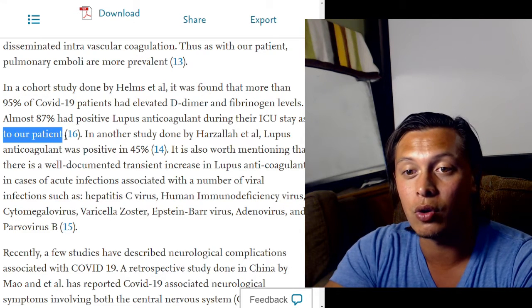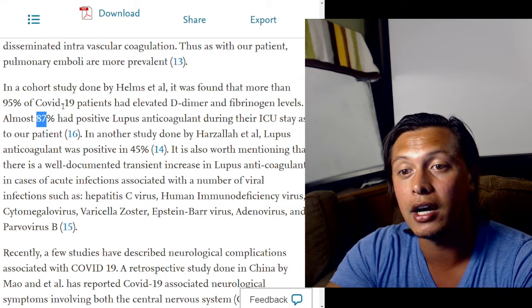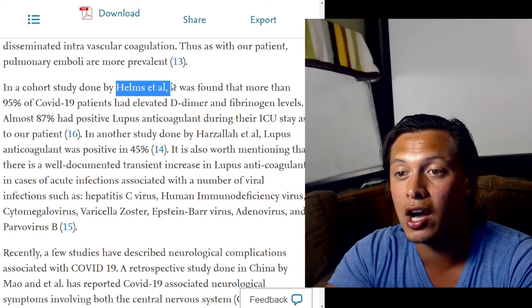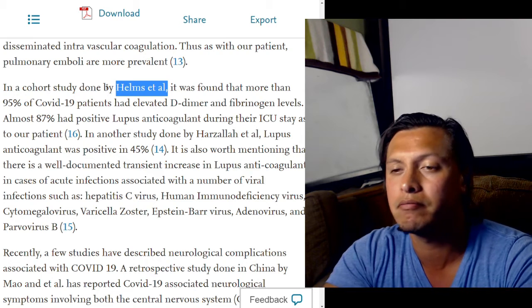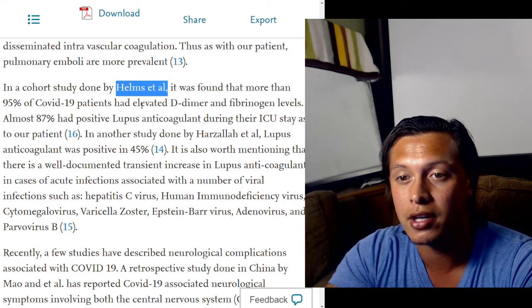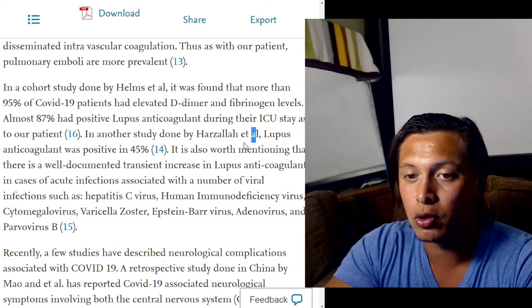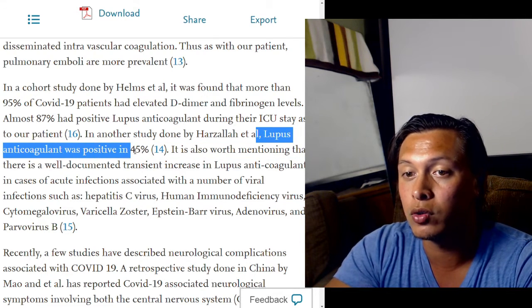So 87% were positive for lupus anticoagulant during their ICU stays, and our patient agreed with that in the cohort study conducted by Helms and others. In another study by these people, lupus anticoagulant was positive in only 45%.